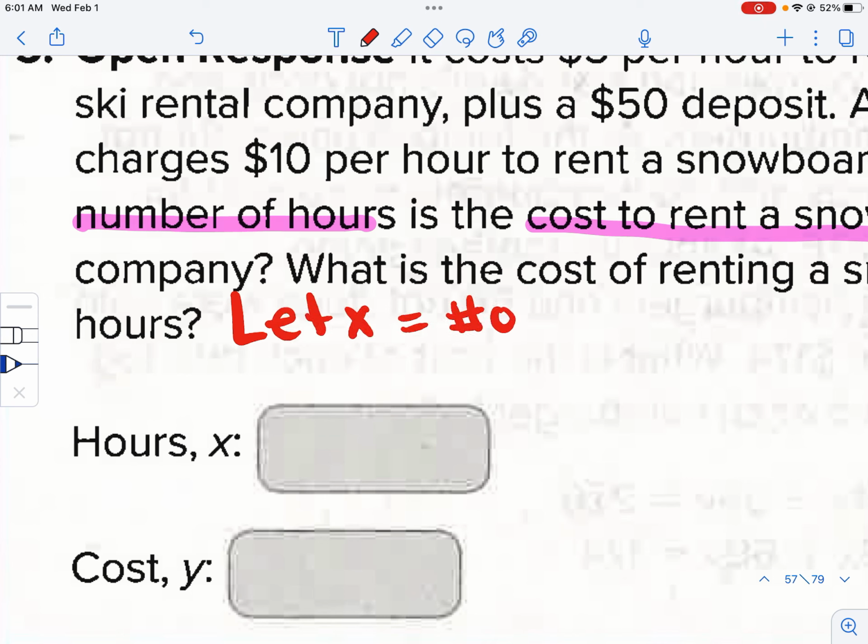Let y equal the cost of cucumbers. Okay, so it says jars of salsa, so that's x. Cucumbers is y. And means plus.